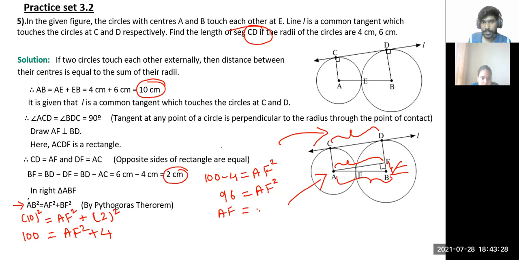And AF will be the square root of 96. Square root of 96 you can find by the prime factors method. You can reduce it and find out. I'll just do it here itself. 2 4s are 8, 2 8s are 16, 2 2s are 4, 2 4s are 8.